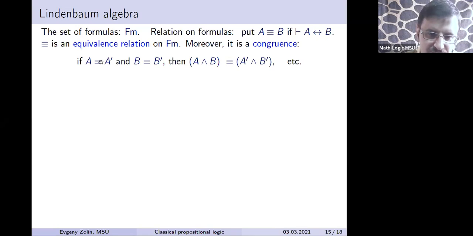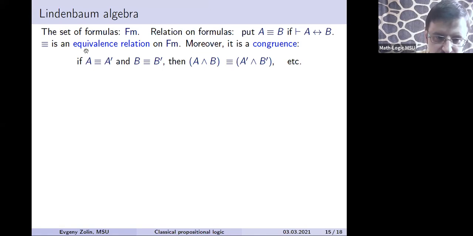If we have two equivalent formulas and two equivalent formulas, then we build conjunction, and they are again equivalent. And similarly for disjunction. So this is a very simple property of our axioms, of our calculus. And this holds for intuitionistic logic, for predicate logic, for modal logic, and so on. This is a very common situation.